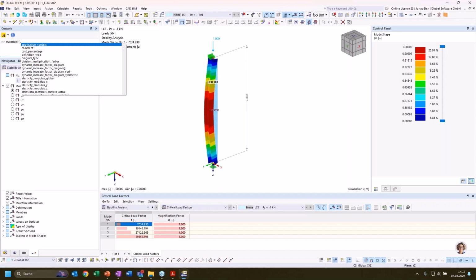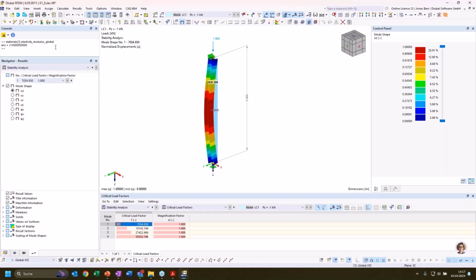For example, I would find the elastic modulus here, and if I press enter, then I get as an output the elastic modulus of our material number 1 in SI units. So that's important. And of course, I can do some more complex calculations here.